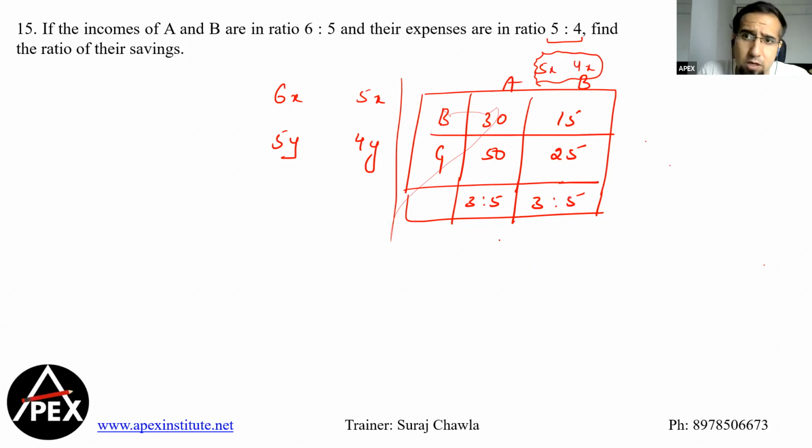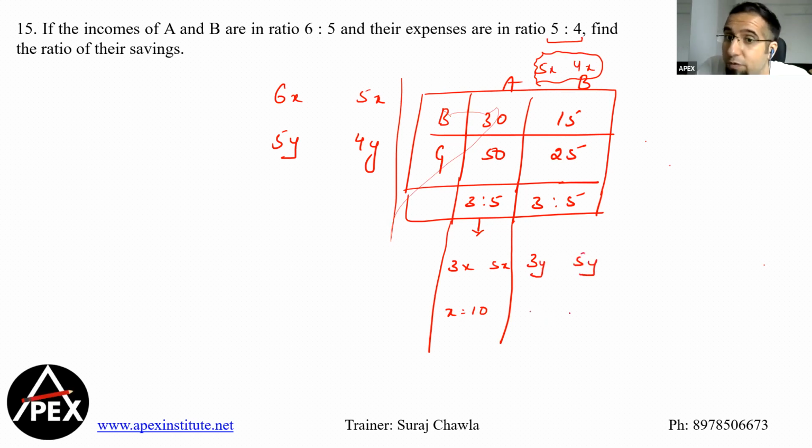Okay. Now, if I go backwards, I am taking this as 3x and 5x. So what is the value of x here? The value of x here is 10. Now here I cannot take 3x and 5x, because if I take 3x and 5x again, x will be 10. But this is also applying ratio, because here the value of y is equal to 5. So remember, same ratios also, the variable has to be different.